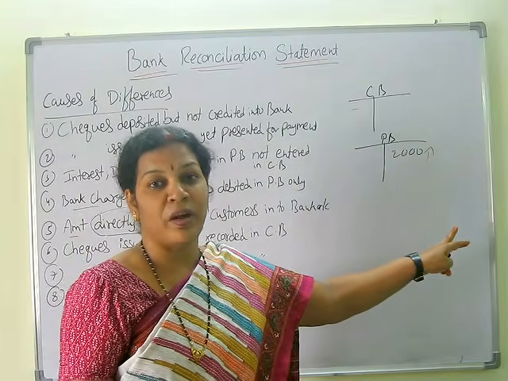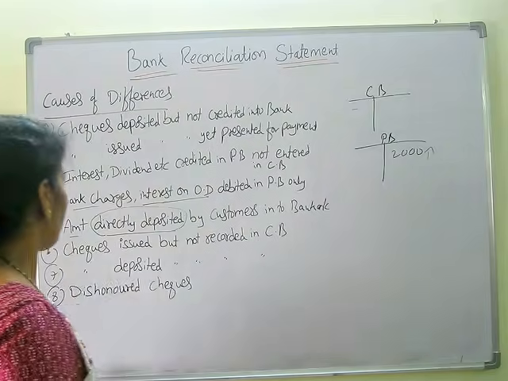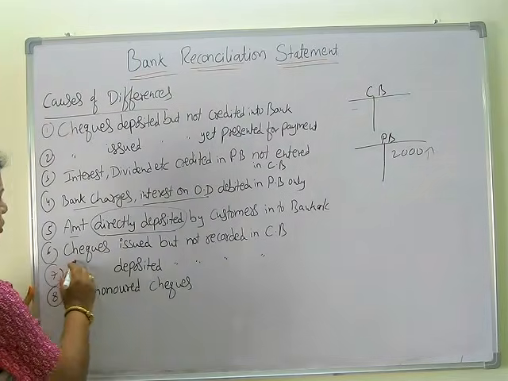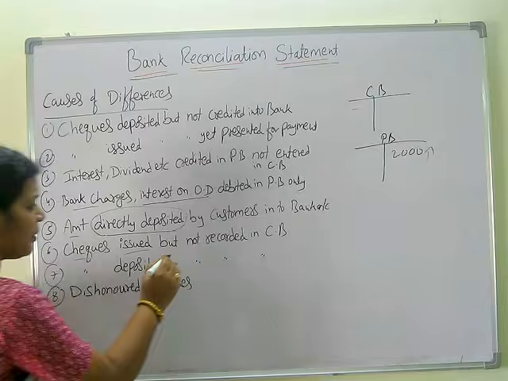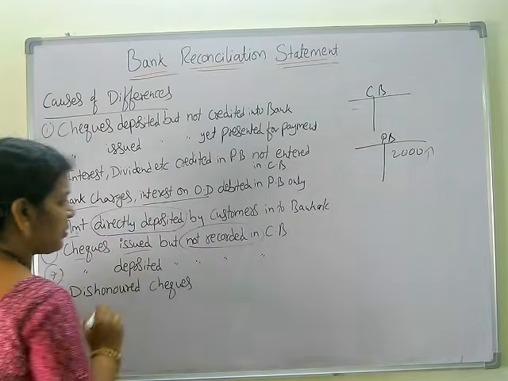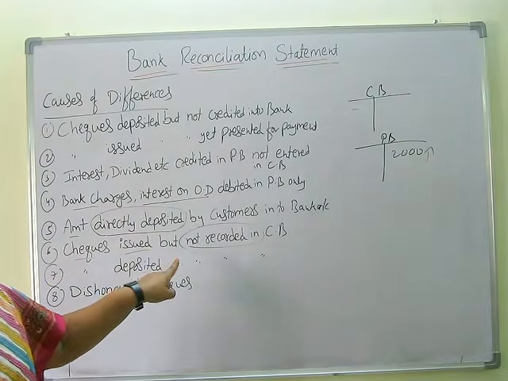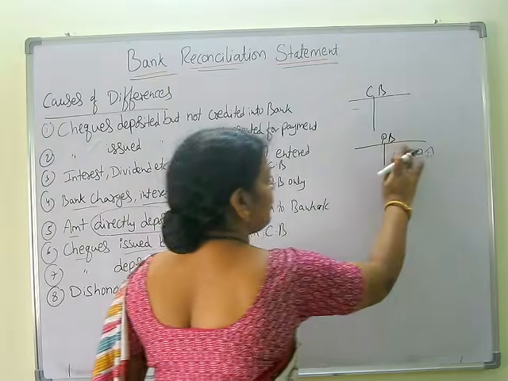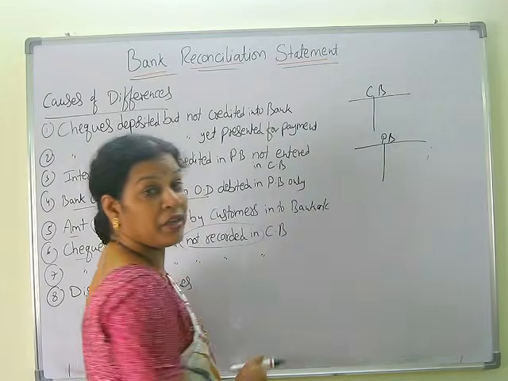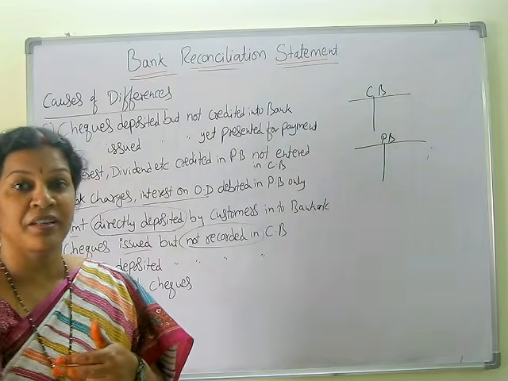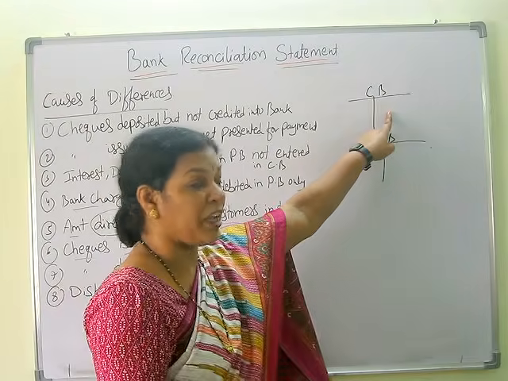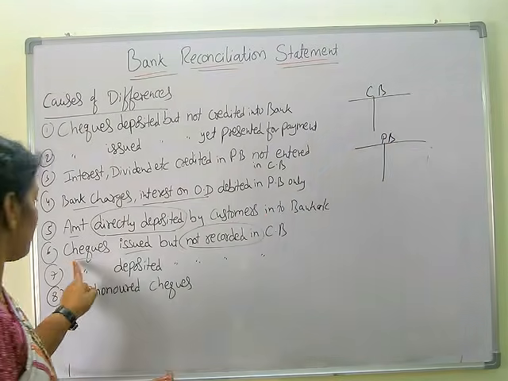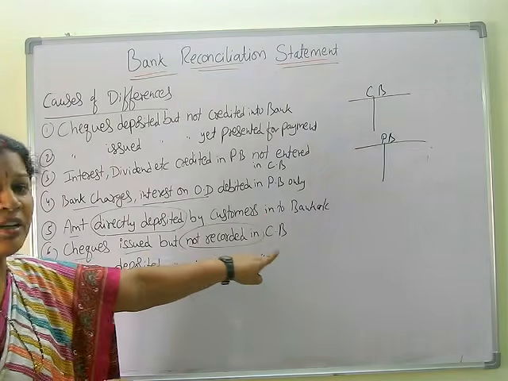This is one difference. Next one, checks issued but not recorded in the cash book. Whenever we issue a check, we have to write it on the cash book credit side. Here we issued a check but did not record it in the cash book.